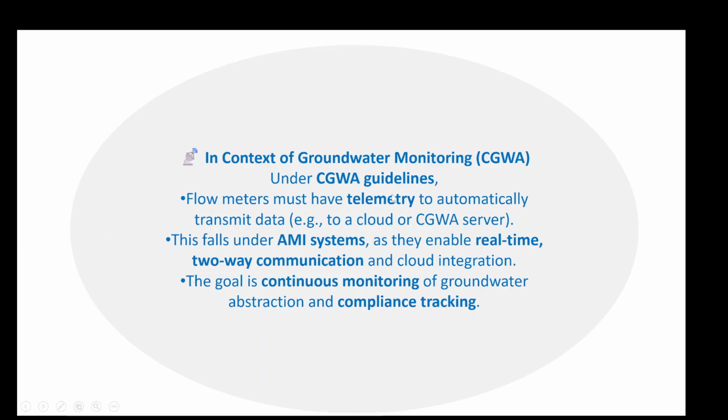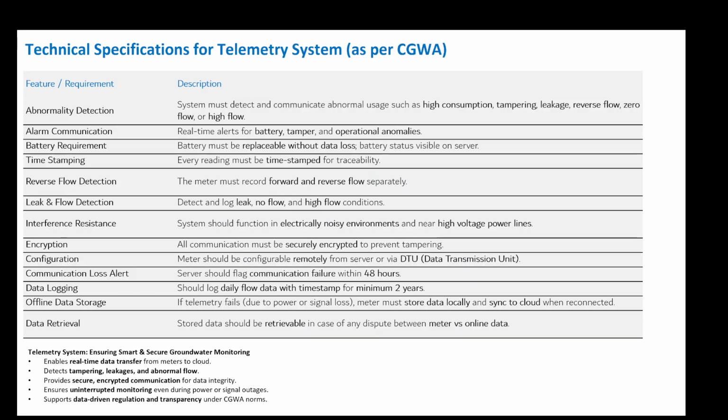So in context of groundwater monitoring under the CGWA guideline, the flow meter must have telemetry to automatically transmit data. This is an important part, and I'm sure that in future this will be up and running. Technical specification for the telemetry system: abnormality detection. The system must detect and communicate abnormal usage such as high consumption, tampering, leakage.